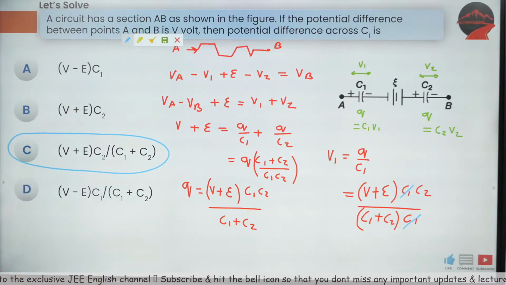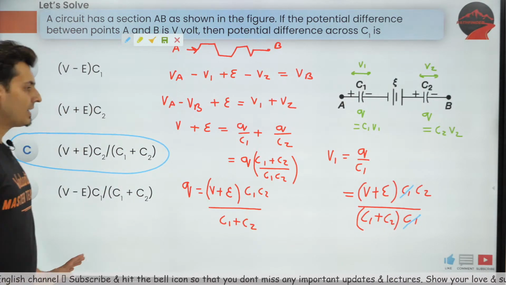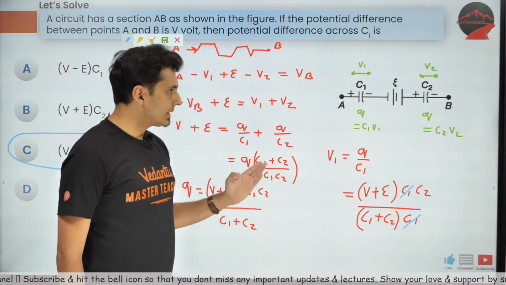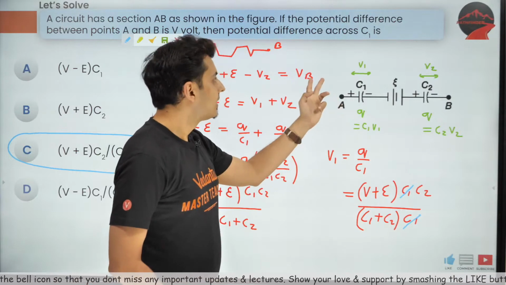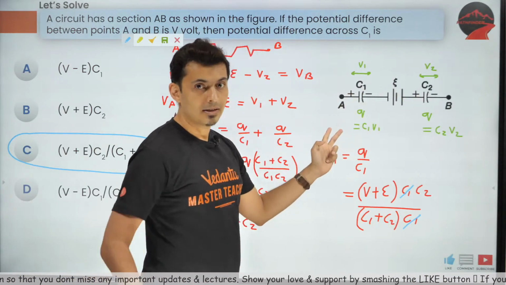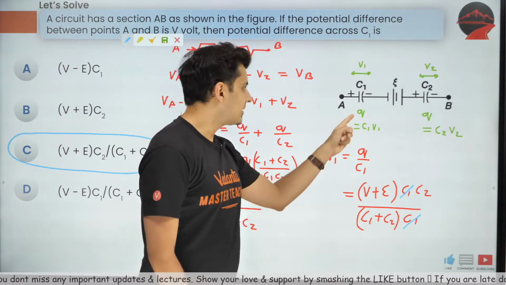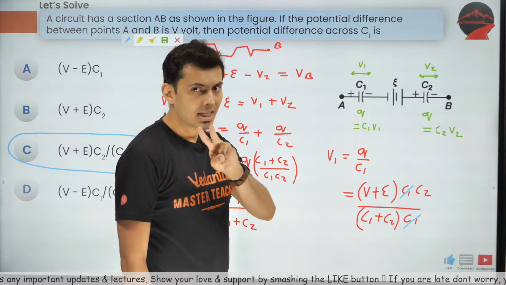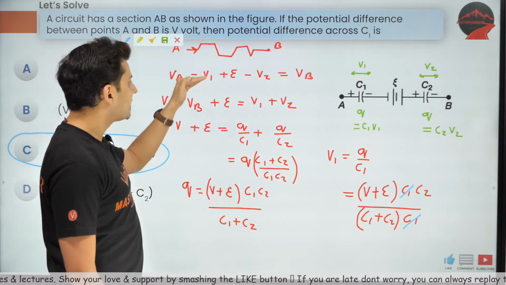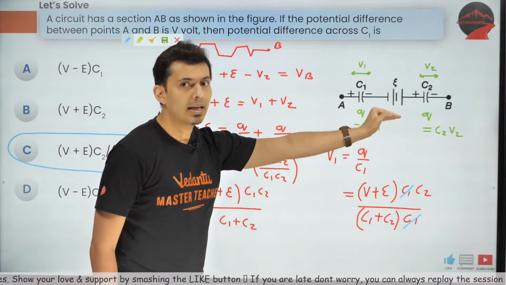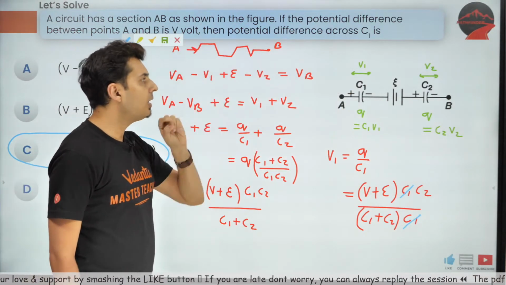So guys, see if you are understanding this question, what has happened. The first part was to realize that each capacitor is in series, so charge is same. Use the formula Q is CV. Next step, start from point A and see where is the increase, decrease, etc. You reach point B via Kirchhoff's law.